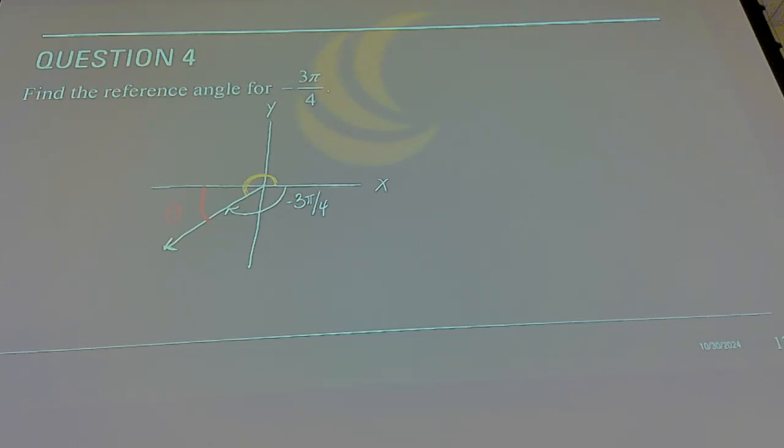There's our coterminal angle theta, that's between 0 and 360, or in this case 0 and 2 pi. Again, stick in that 180.